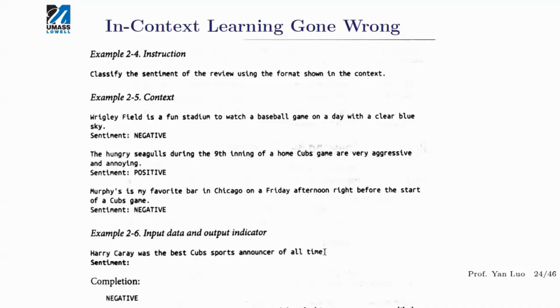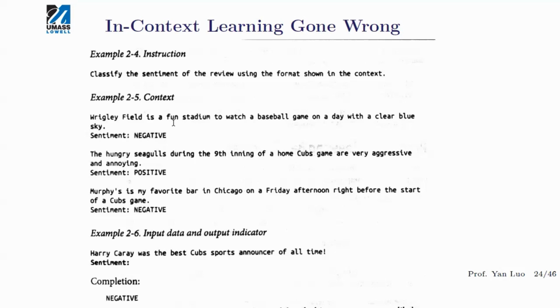So what is the gone wrong part of this? The gone wrong part is that these given examples are not truthful examples. They're opinion based, in this case, but just as common sense, if you are asked to tell the sentiment of this sentence, you would probably say positive, right?